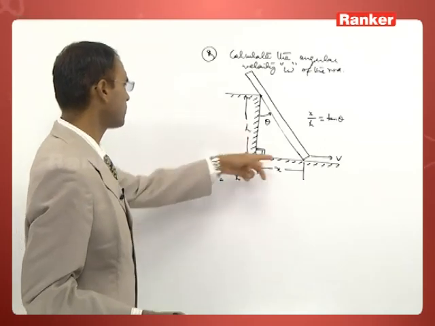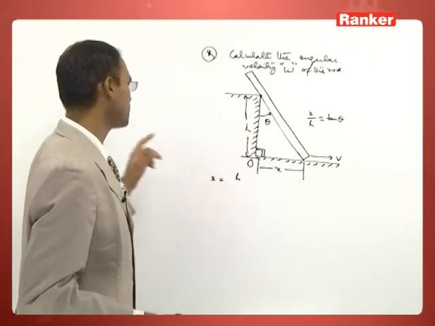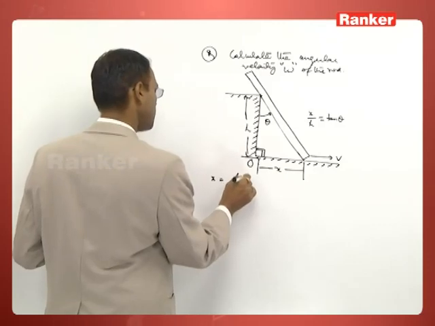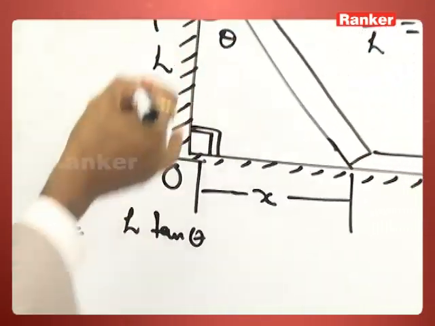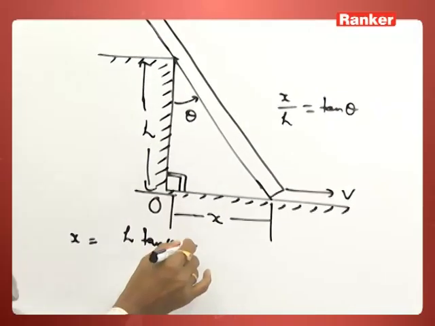X by h is equal to tan theta. So, x is equal to h tan theta. H is a constant quantity. Differentiate both sides with respect to time.